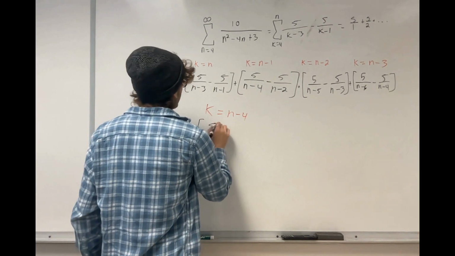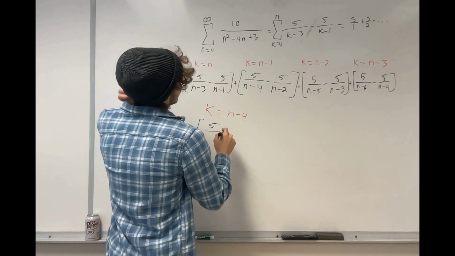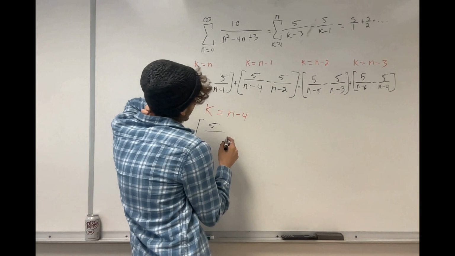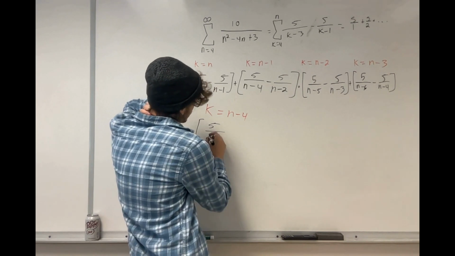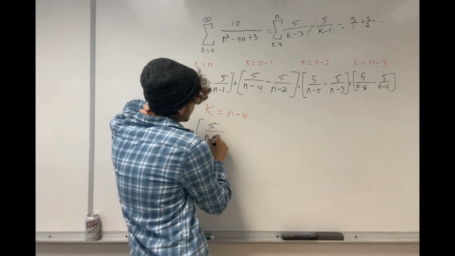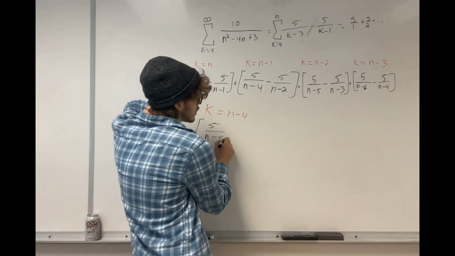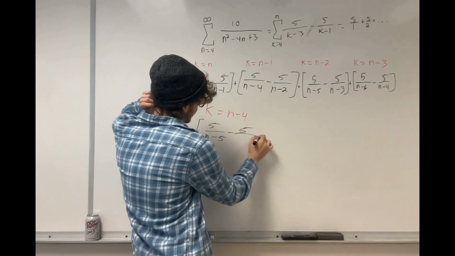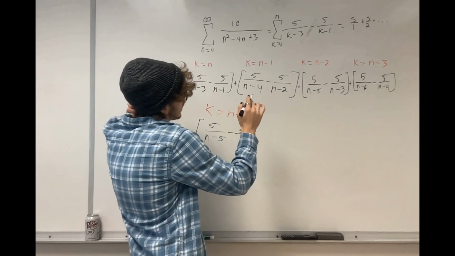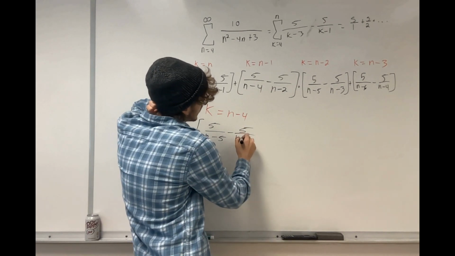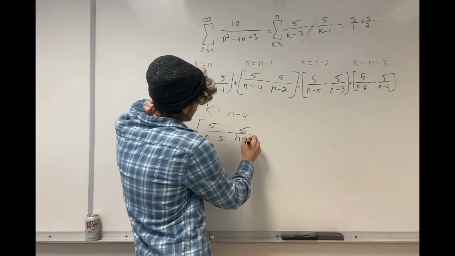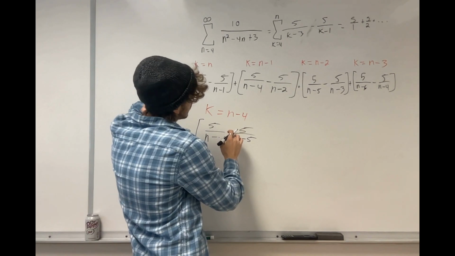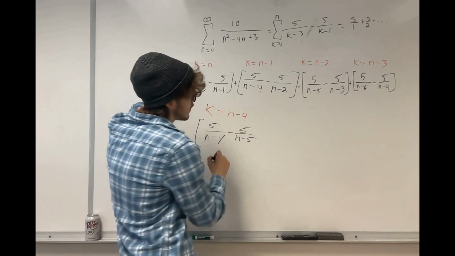So let's do 5 over n minus 4 minus 1, that's going to be minus 5, minus 5 over n minus 4 minus 3, that's minus 7.